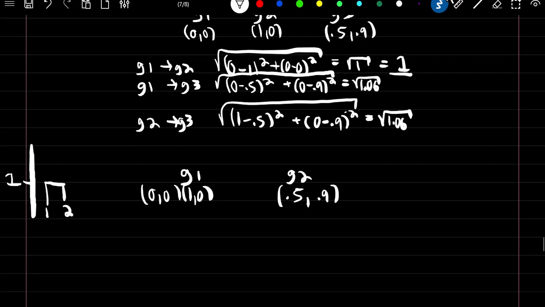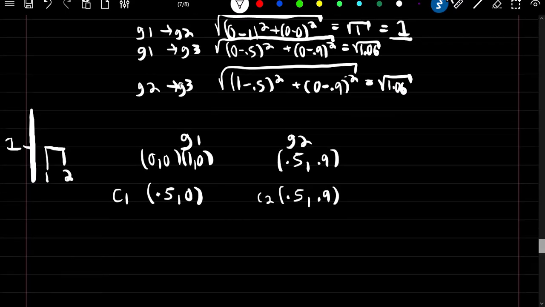Now in order to form our second grouping, we're just going to find the Euclidean distance of our centroids, because we're using centroids as our similarity measure now. Our centroid in group 1 is just going to be the average values of our x1, which is 0.5, and the average values of our x2, which is 0. And the centroid for group 2 is only one observation, so that's going to be the centroid.